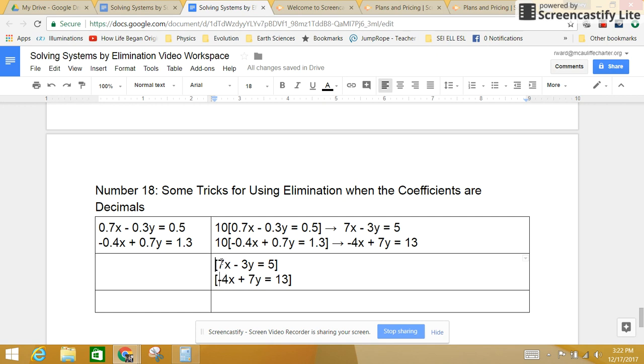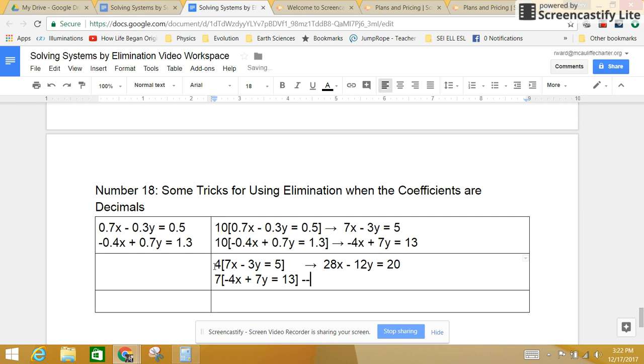So the least common multiple of 7 and negative 4 is going to be negative 28 or 28. So I'm going to multiply the top by 4 and the bottom one by 7, and that'll yield the same coefficients. So the top becomes 28x minus 12y equals 20.